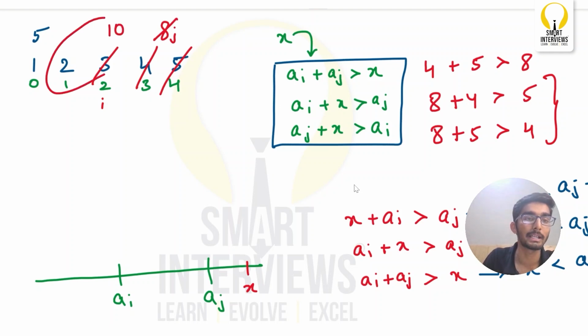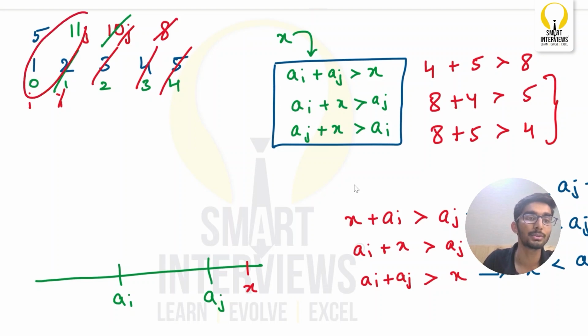Now I need to pick these two. I am picking these two, i and j, and I am removing them and adding 10 plus 2, 12 minus 1, which is 11. Again, if this is my i, this is j.